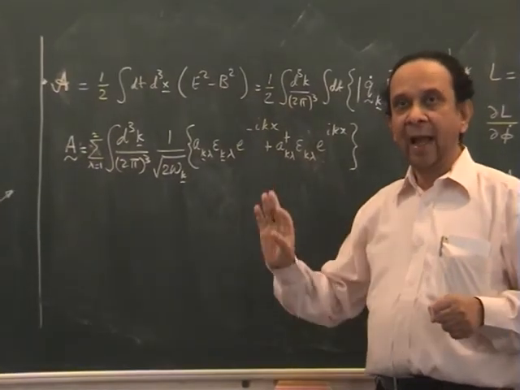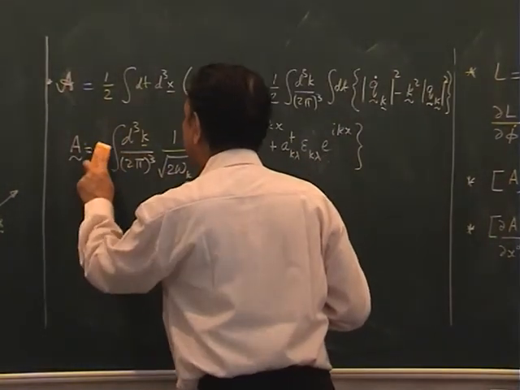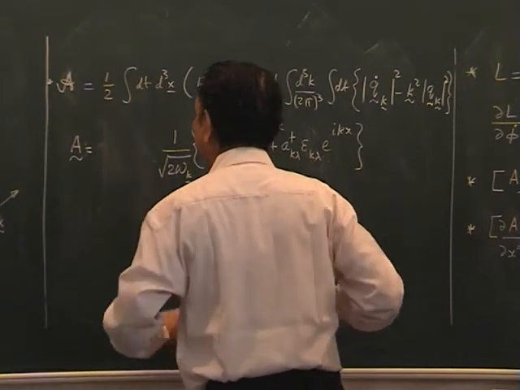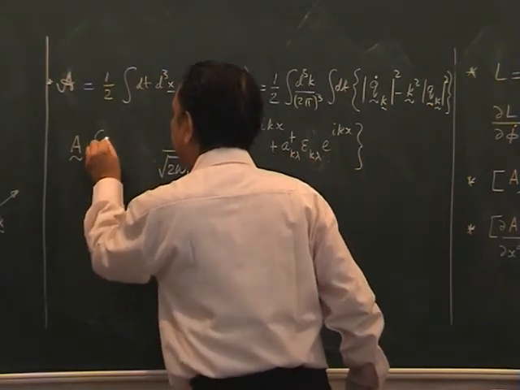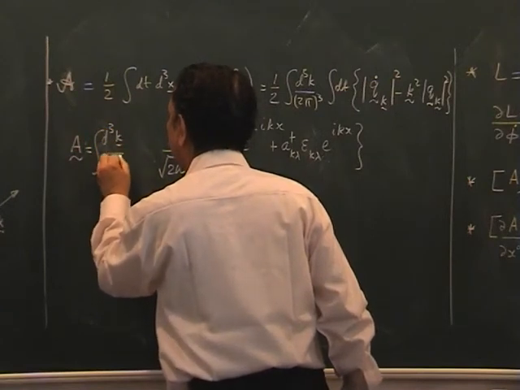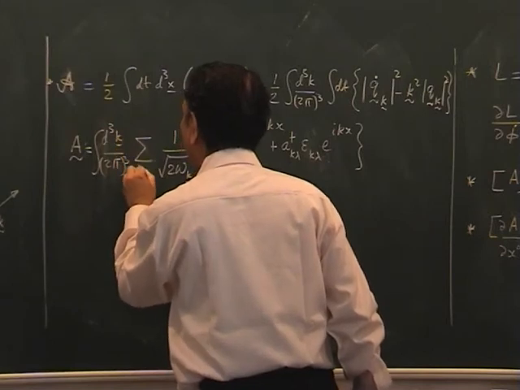And in fact, to be very precise, this summation should probably be kept here. Let me write it as d3k outside, upon 2 pi the whole cube, summation over lambda equals 1 or 2.